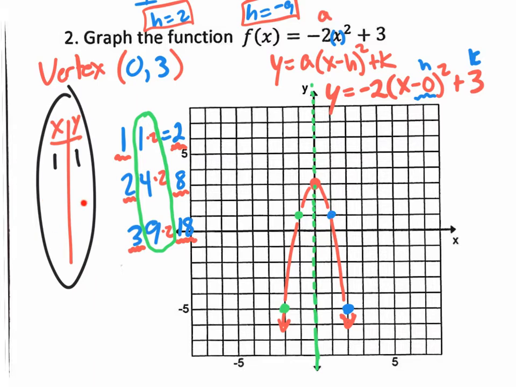You'd get that blue dot anyway. So if you prefer using an input-output table, go for it. Look, I could plug in the number 2. What's going to happen if I plug in the number 2 right in here? Well, 2 squared is 4, and 4 times negative 2 is negative 8, and negative 8 plus 3 is negative 5. So I guess one thing to remember, if you're using the input-output table, the XY table, this is not a pattern anymore.